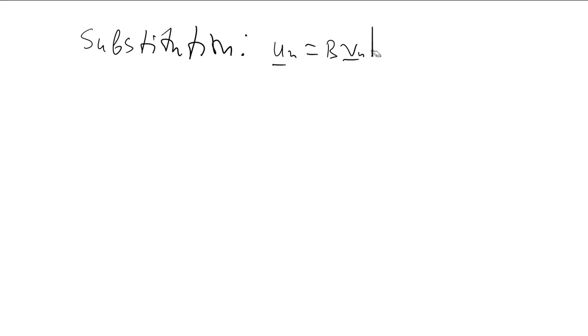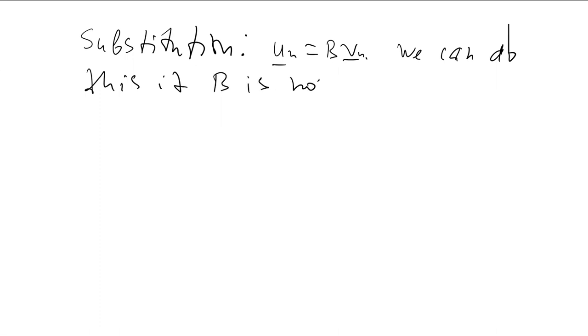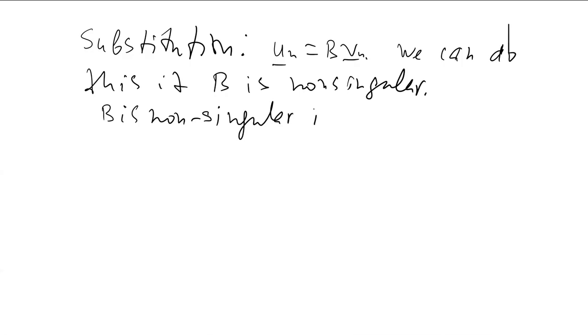All of this is fine, we can do this if B is non-singular, and B is non-singular if vectors b1 and b2 are linearly independent.